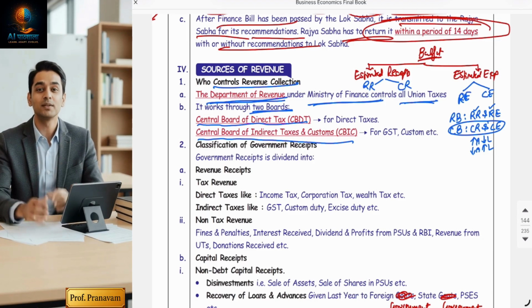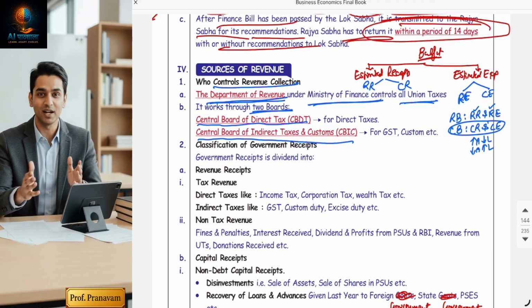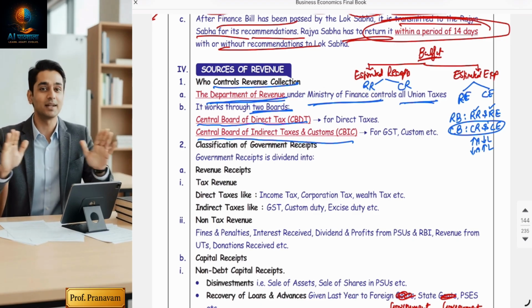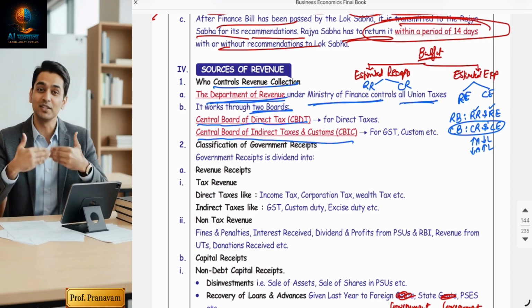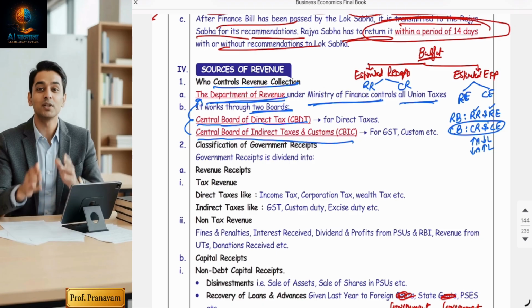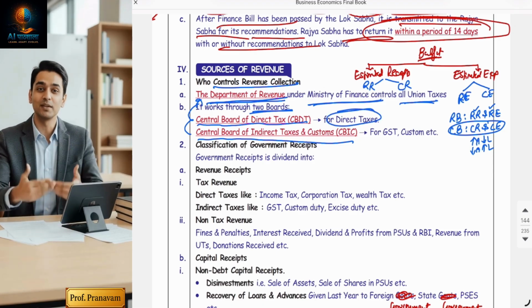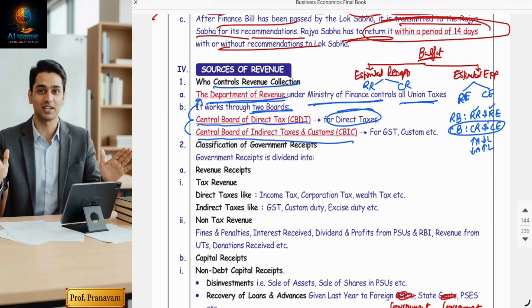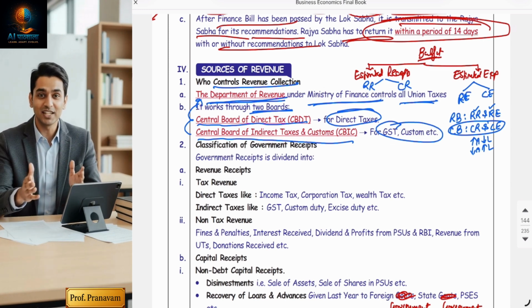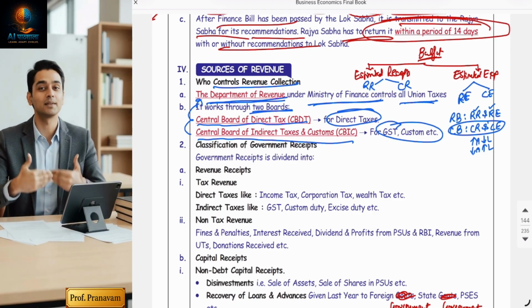These are the two boards headed by the Department of Revenue. CBDT takes care of the collection of direct taxes, and CBIC takes care of the indirect tax system of the country, that is GST and customs.